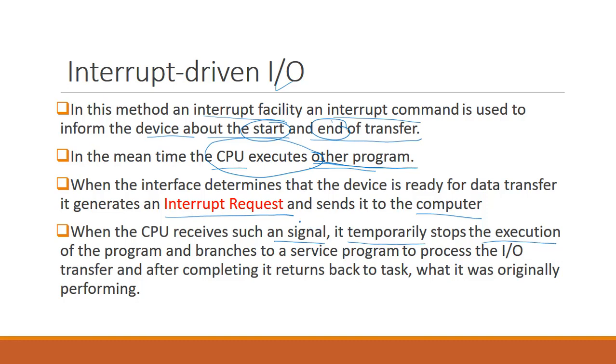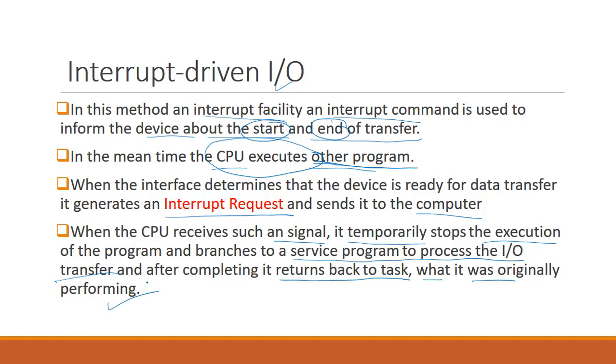So after receiving the interrupt signal, the CPU stops the program and branches to a service program to process the input output transfer, the interrupt service subroutine. After completing, it turns back to the task it was originally performing.